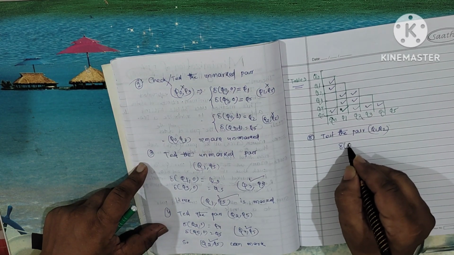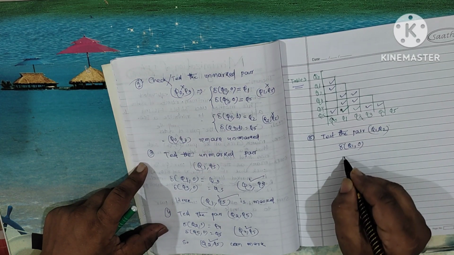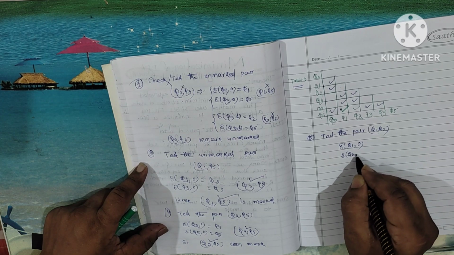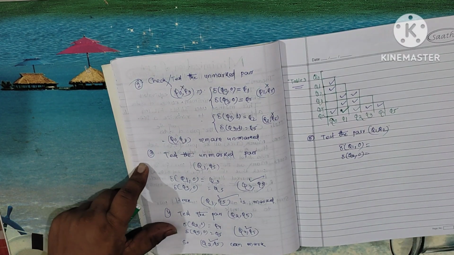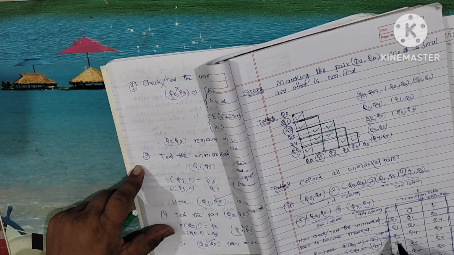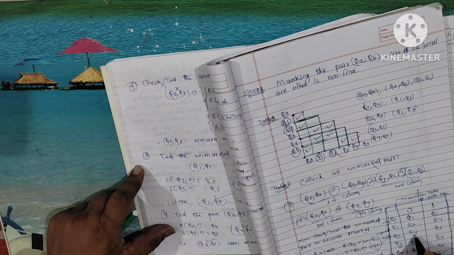Now let us check the transition of Q1 on input 0, Q2 on input 0. If you see this transition here, Q1 on input 0 goes to Q3, and Q2 on input 0 goes to Q4. Similarly for 1 also, Q1 on input 1 goes to Q4, Q2 goes to Q3.